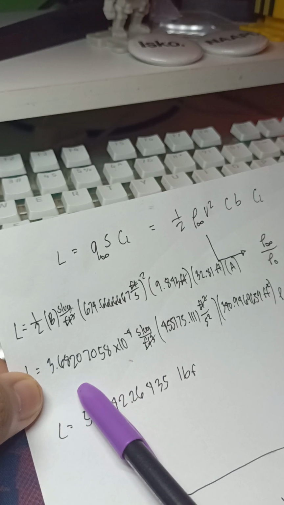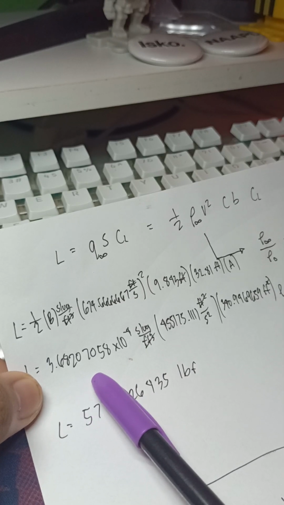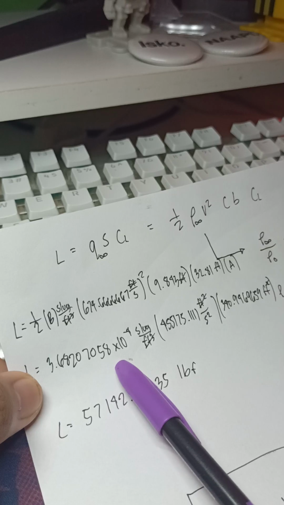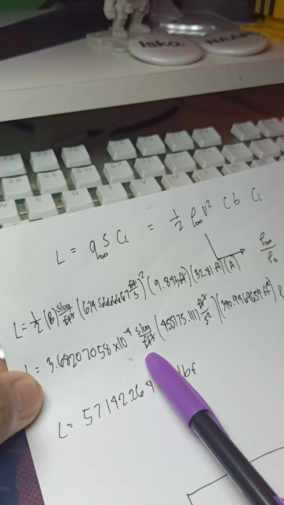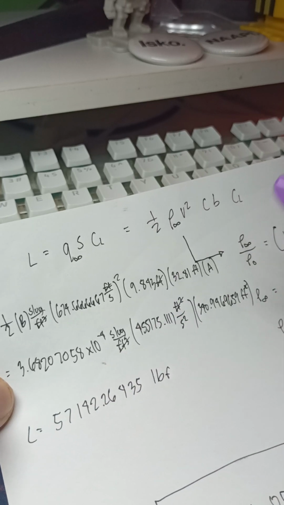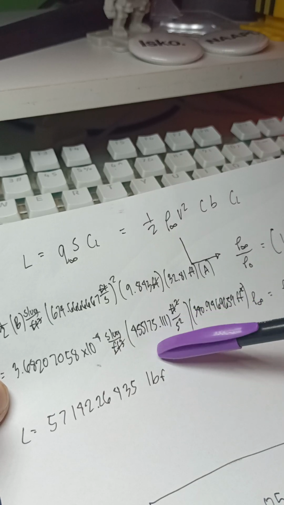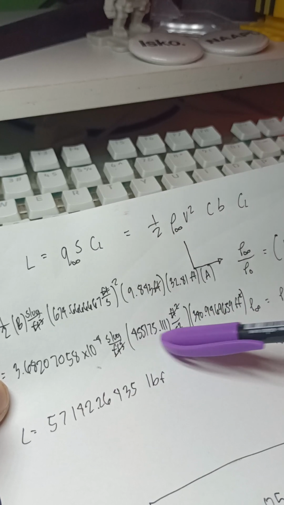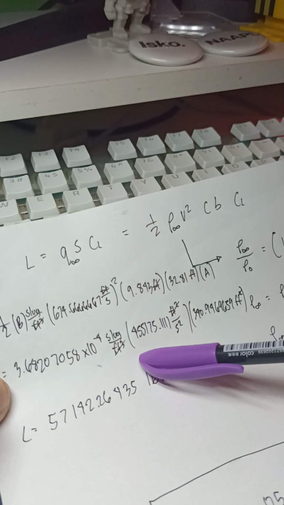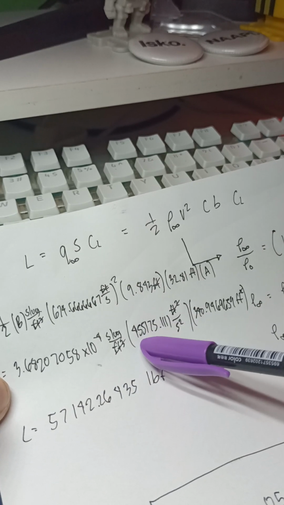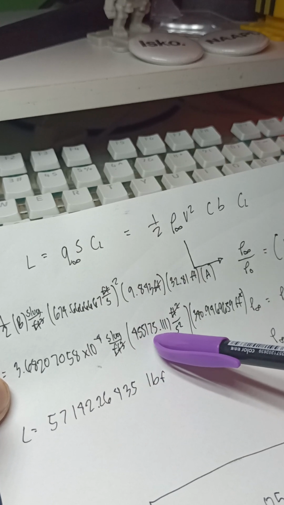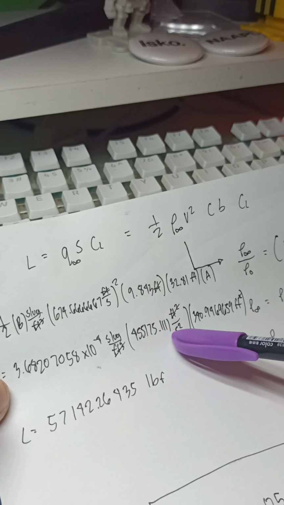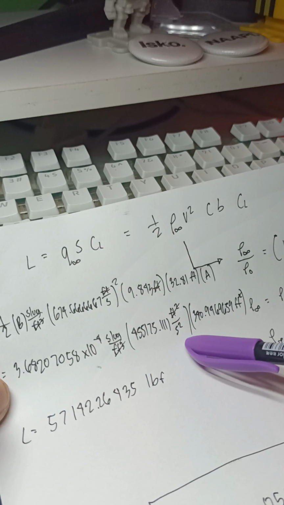So, 1/2 times B gives 3.68207058 times 10 raised to negative 4 slug per feet cube. And then the squared velocity, which results in 455,175.1111 feet squared per second squared.